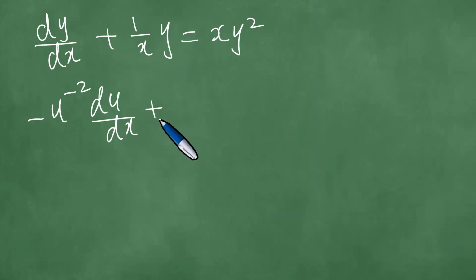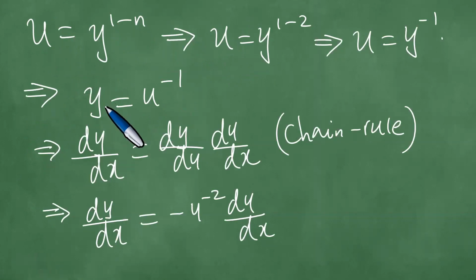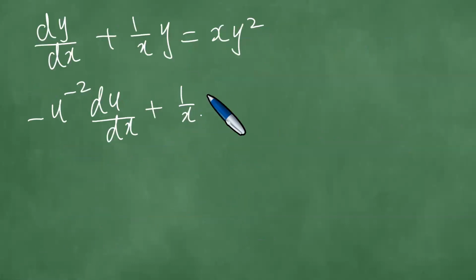Plus we have 1 over x, and y is equal to u to the power minus 1, so we write that in the place of y, which equals x times u to the power minus 1, squared. Wherever there is y, we write u to the power minus 1.